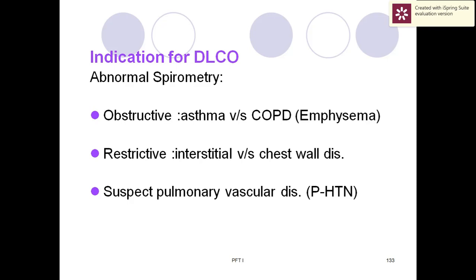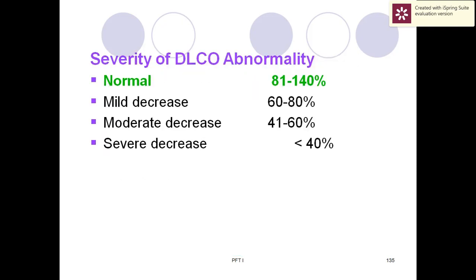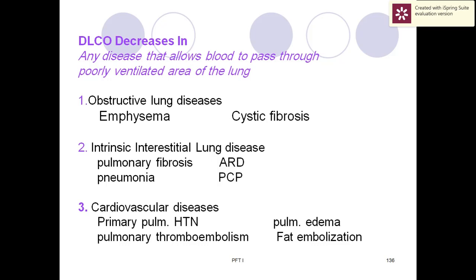The diagnosis is pulmonary hypertension until proven otherwise. Of course, as we know, the normal range of TLCO, we said, is from 60 to 120, or from 81 to 140; it is considered normal.